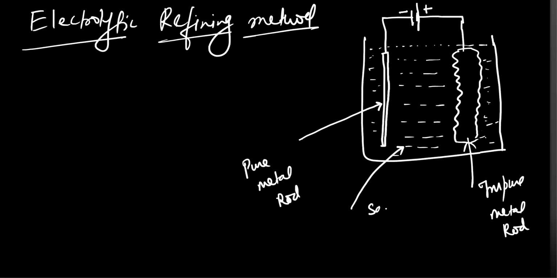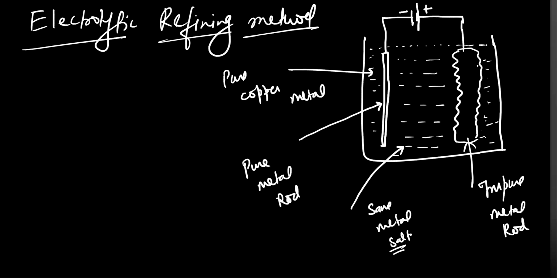For example, if we are purifying copper, this rod is considered the pure copper metal rod, which we will bring, and this is the impure copper metal rod, which we need to purify. Understood?